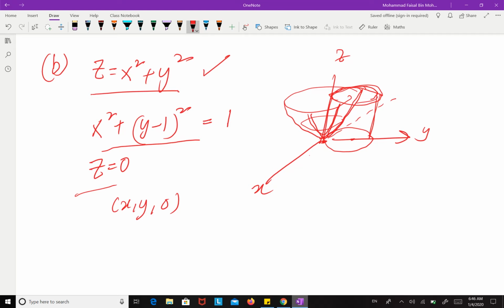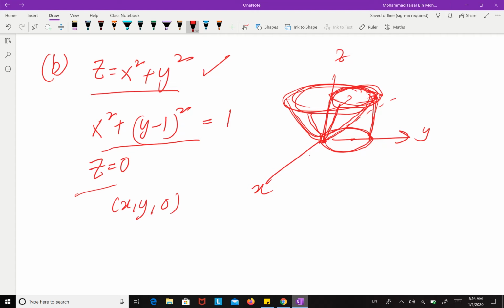Maybe the paraboloid should be bigger, because it's infinitely many radius.